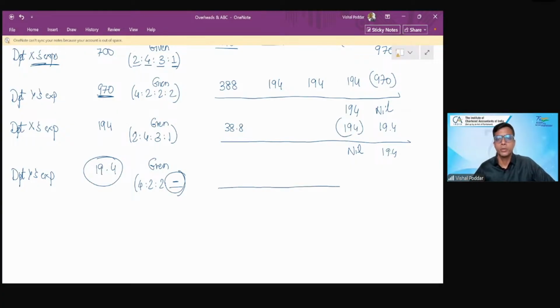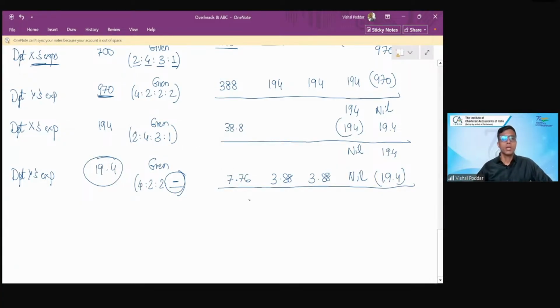So now my distribution is nil because I have not given to X and I have distributed to all others. So 3.82, 388, 7.96, 7.76.